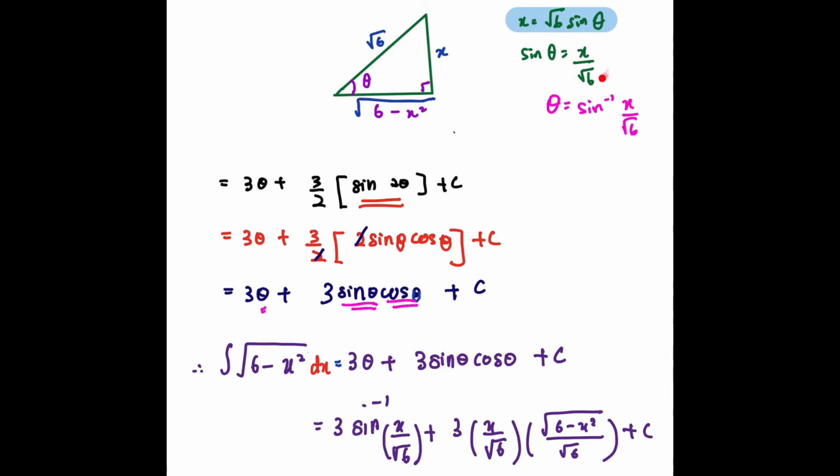And after that, we want to substitute cos theta. So from here, let's read the value of our cos theta. So cos theta is actually adjacent over hypotenuse. So let's write this. This is just root of 6 minus x squared over root 6. So let's rewrite that here as our cos theta. And please write here plus c.